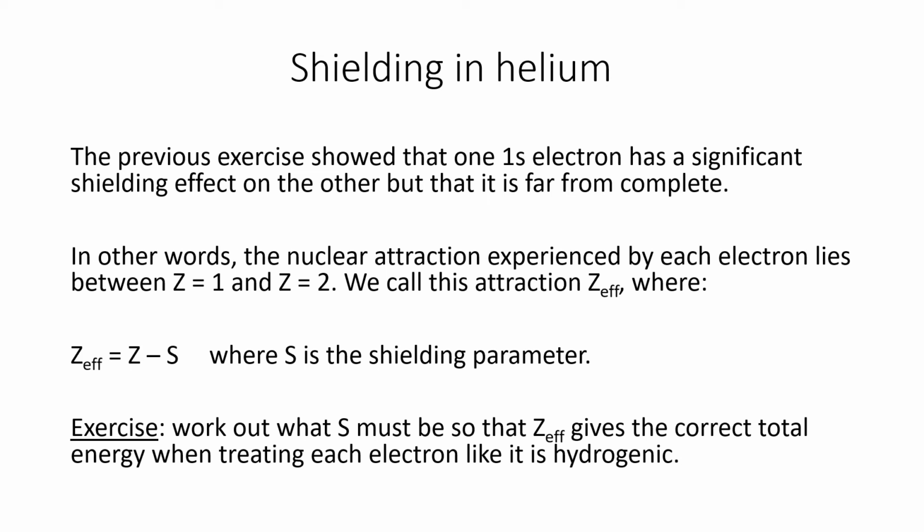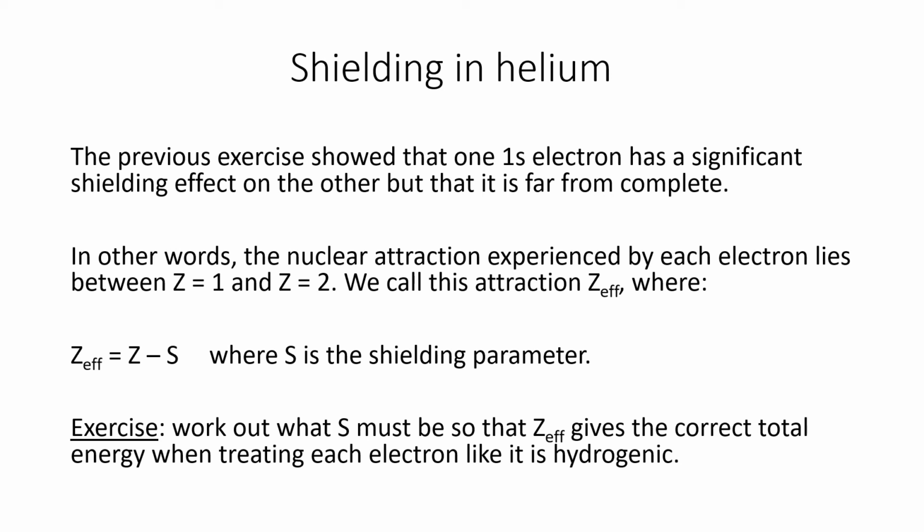So for example, in helium, if you take one of the 1s electrons, it doesn't quite experience the full Z = 2, 2 protons from the nucleus. It will actually be reduced slightly by the second electron spending some of its time between the first electron and the nucleus. And so we're going to quantify that with this S shielding parameter. The shielding parameter is going to be the reduction in the proton charge due to the shielding of the second electron.